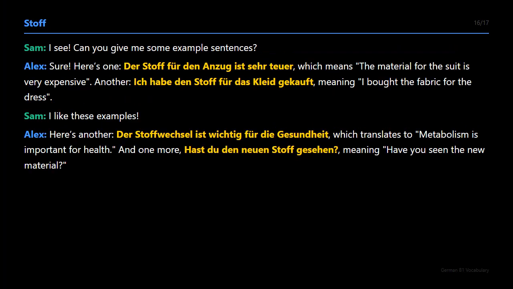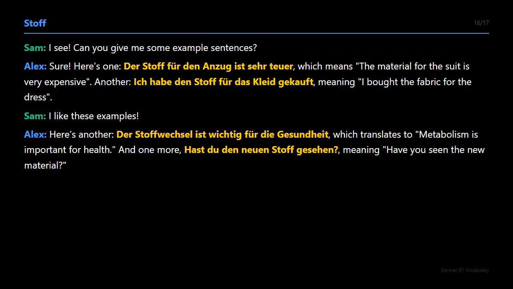I see. Can you give me some example sentences? Sure. Here's one. Der Stoff für den Anzug ist sehr teuer, which means the material for the suit is very expensive. Another. Ich habe den Stoff für das Kleid gekauft, meaning I bought the fabric for the dress.